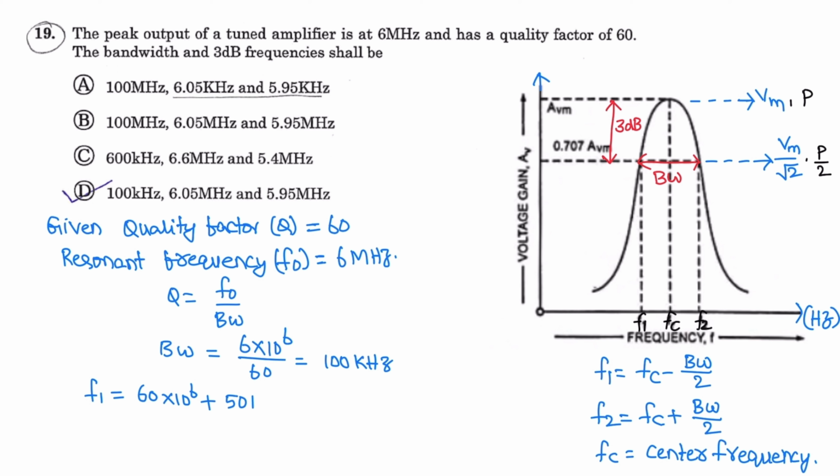Similarly, upper cutoff frequency FH, that is F2, as per this question, as per the diagram, it is represented with F2, upper cutoff frequency. F2 is equal to 60 into 10 power 6. Here it is minus and here it is plus 50 kilohertz.